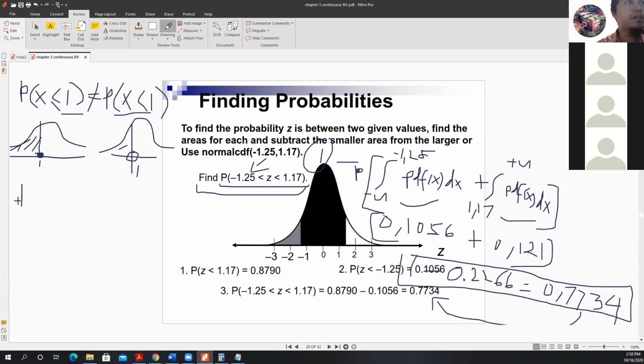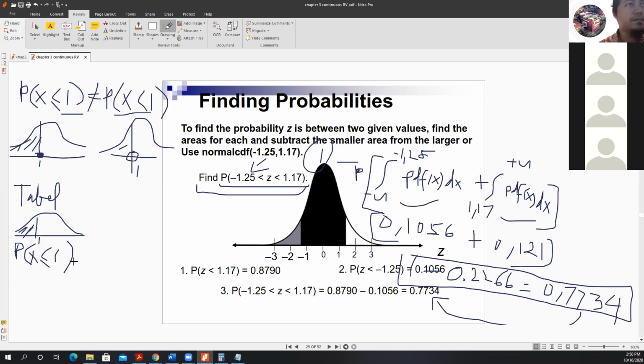Usually in the table, to find the z-score, finding this area is based on this formula, meaning the probability x less than 1.